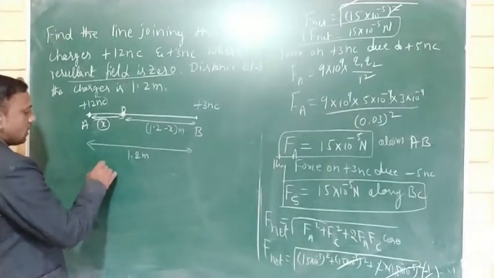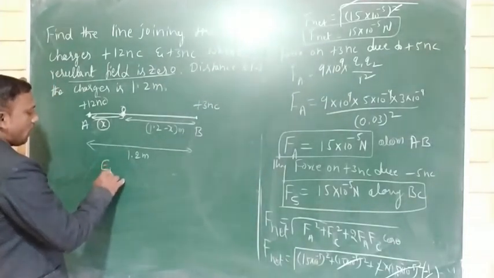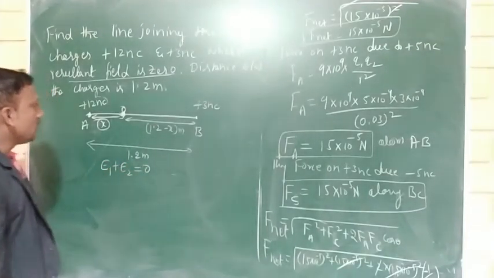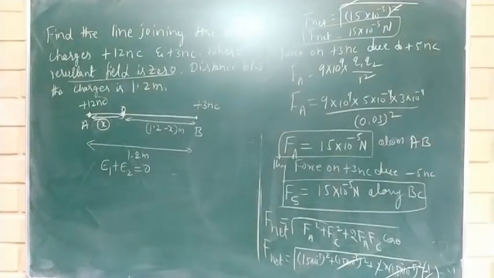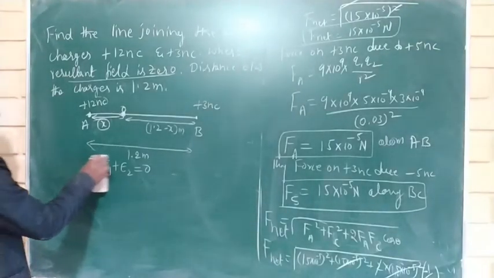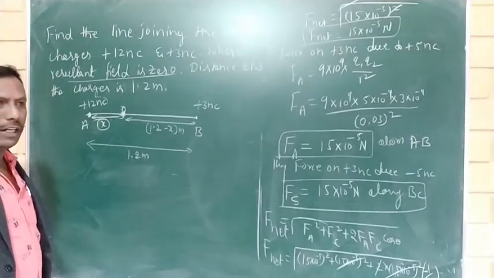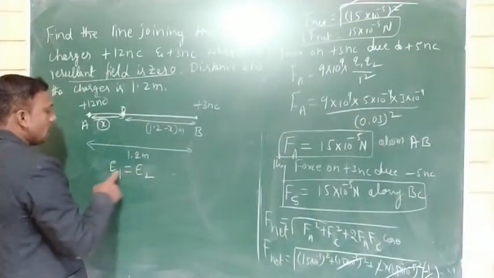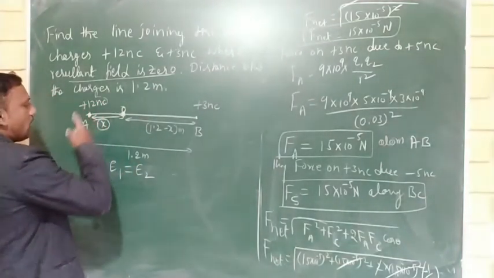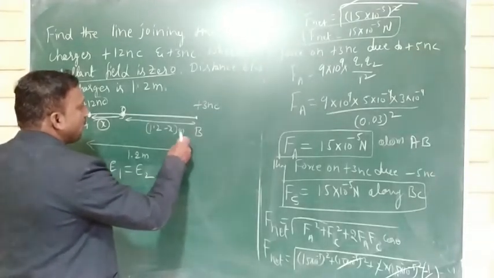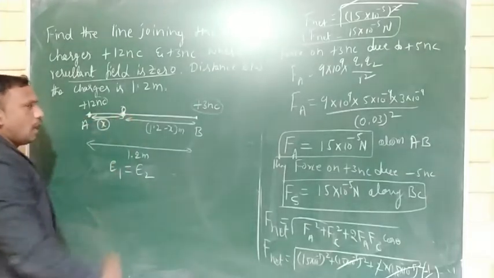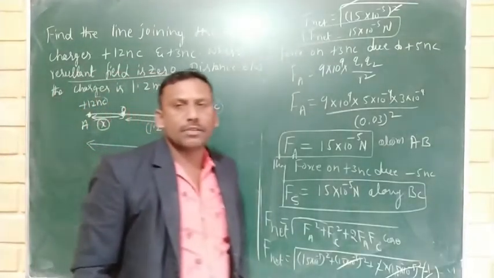Therefore, the condition is E1 plus E2 is equal to 0, or E1 is equal to E2. Electric field is 0 means E1 is equal to E2. The electric field due to the plus 12 nanocoulomb charge and the electric field due to the plus 3 nanocoulomb charge at point O are equal.